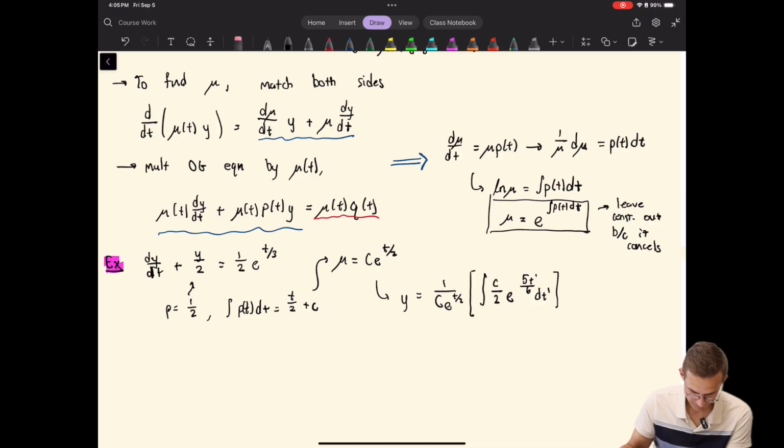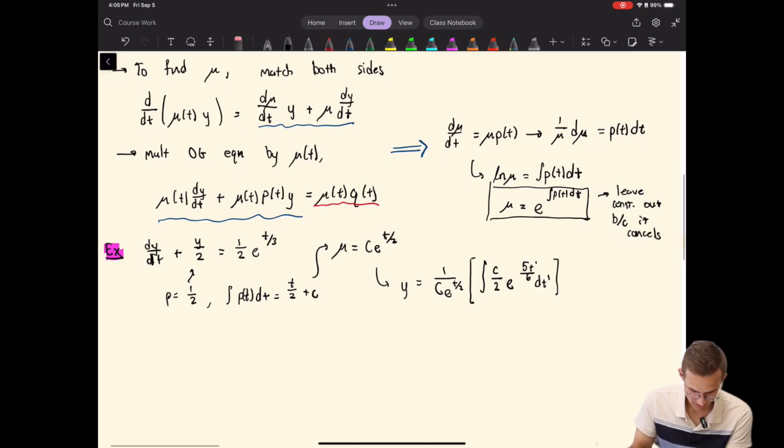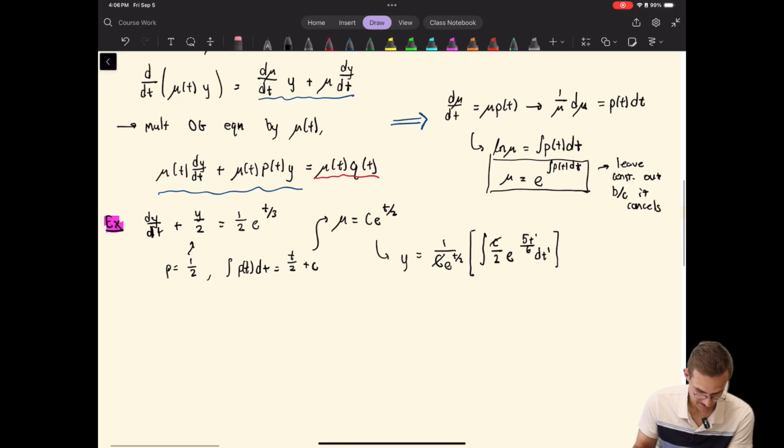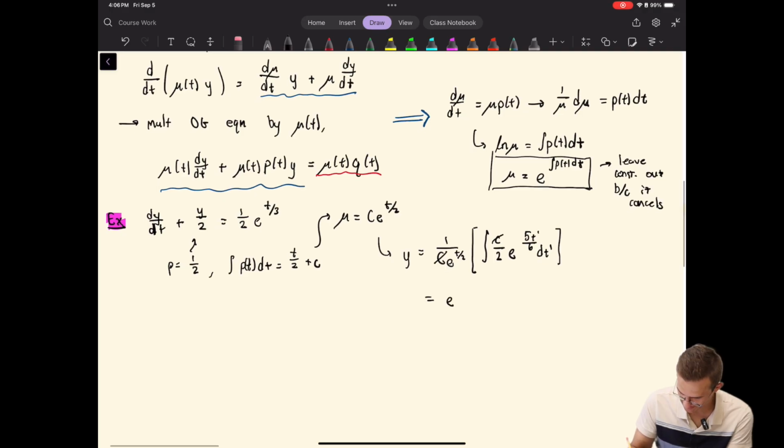So then we can see here that the two integration constants from the definition of mu are canceling. And what we obtain in the end is e to the minus t over 2 times the quantity 6 over 10 times e to the 5t over 6 plus c.